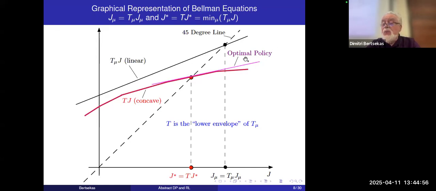And notice that you can also obtain the optimal policy from this figure. If you go to J star and look at all of those lines and take the minimum, you obtain this tangent line, which corresponds to the optimal policy. Now, if the red mapping were differentiable, this tangent would be the gradient, right?